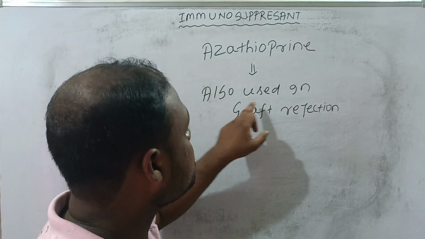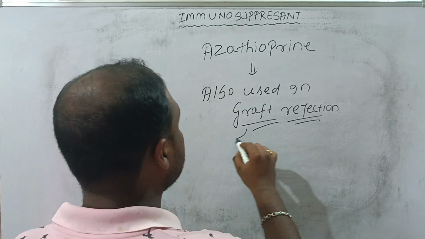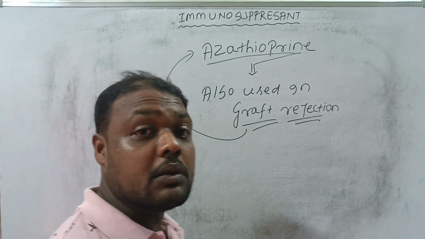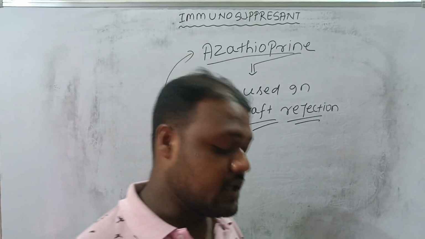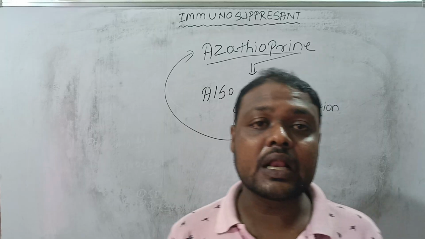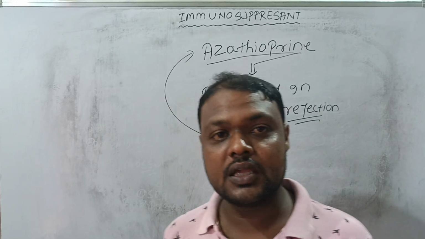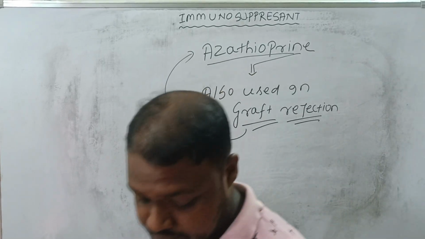It is also used in graft rejection. Which drug is this? Azathioprine is an immunosuppressant. Please remember this and write it down. These are clear-cut exam questions, and previously they were asked many times.